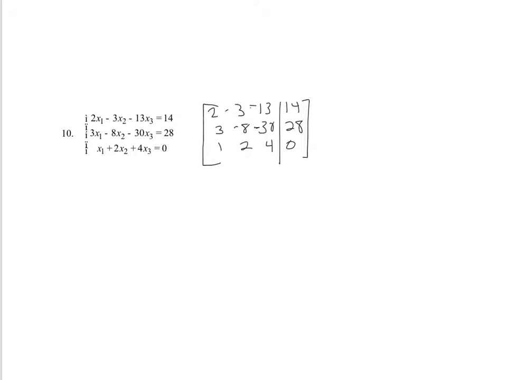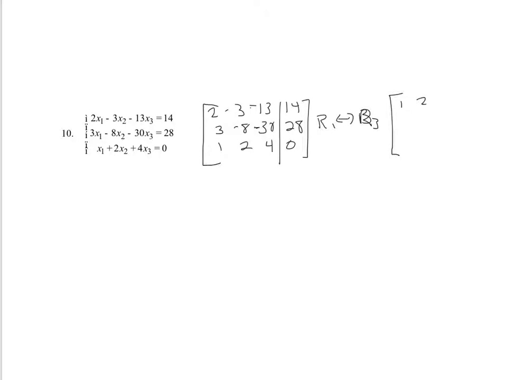Now, you've got some options on what to do here. One possibility is, since we have in the bottom row a 1 as the first element, we could switch row 1 and row 3. If you wanted to multiply the top row by 1/2, that's certainly an option too, but it will create some fractions for you.